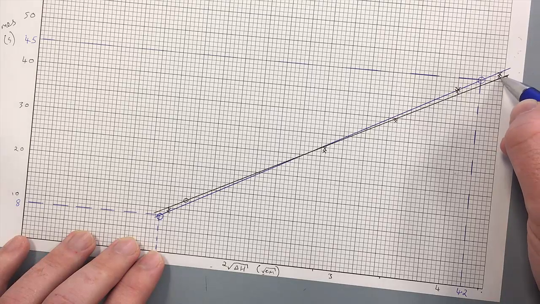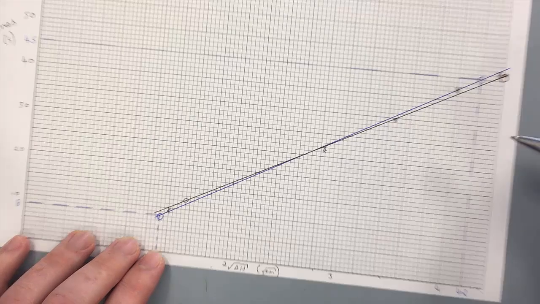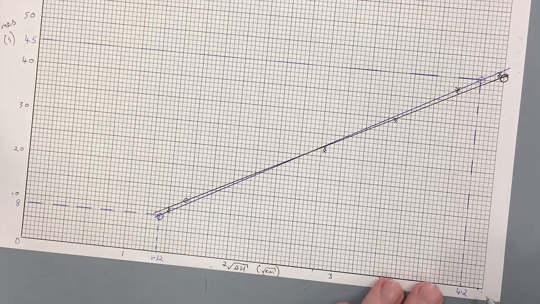I could almost use that point right at the end there, which I think I'm going to do. Okay. And so if I come down, I know that that's going to be 4.4.